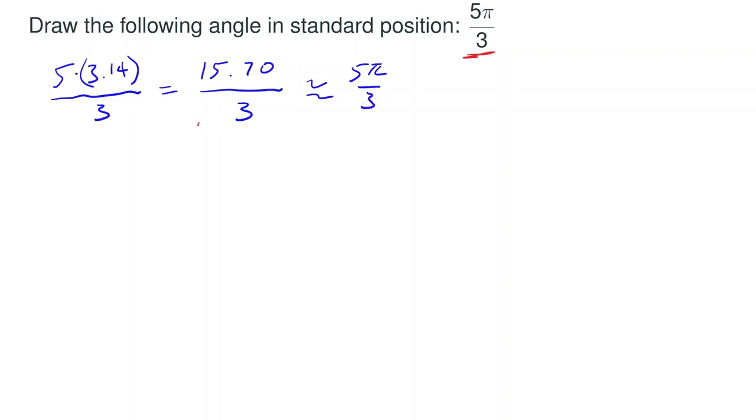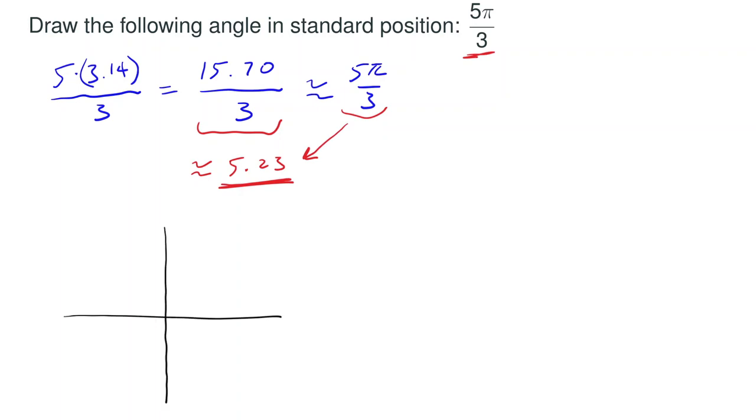And we can look at this number, which is also close to about 5.23. So what we conclude is that 5 pi over 3 in decimal is close to 5.23 radian. Again, this is an approximate because it would be an unending decimal. So we can just try to draw 5.23 radian in standard position.